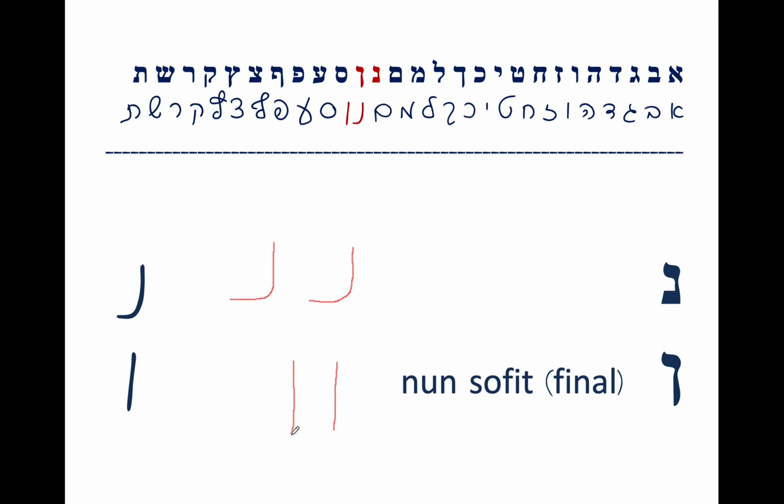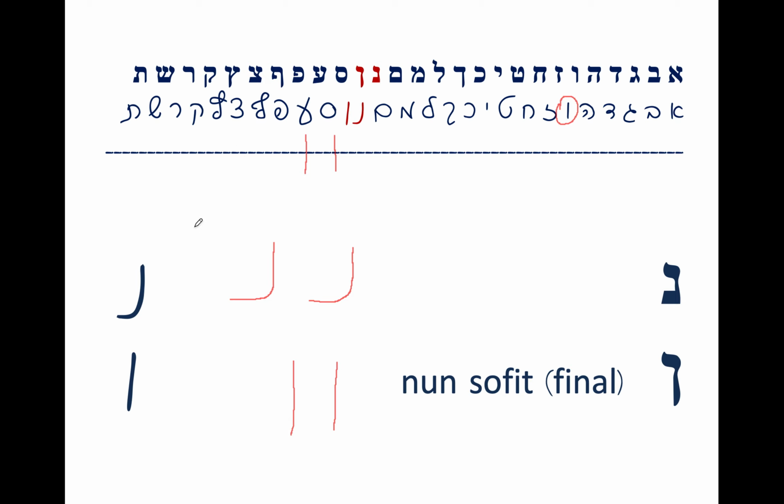What's important with nun sofit? That if this is your line, nun sofit should be below the line, like this. Because if it's not going to be below the line, it looks exactly like vav, and you don't want it to be the same.